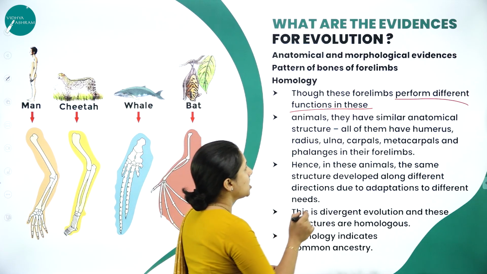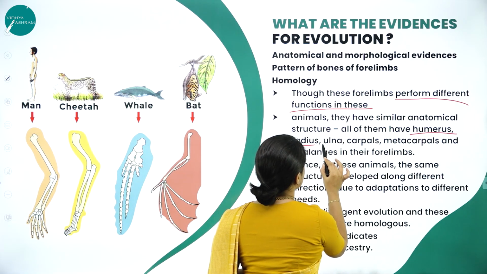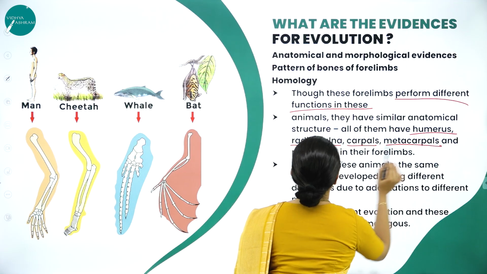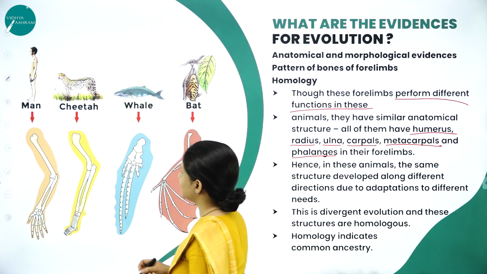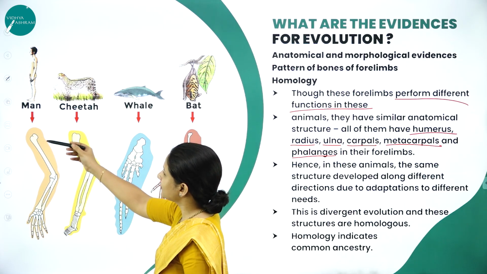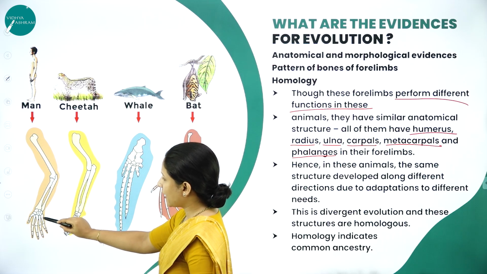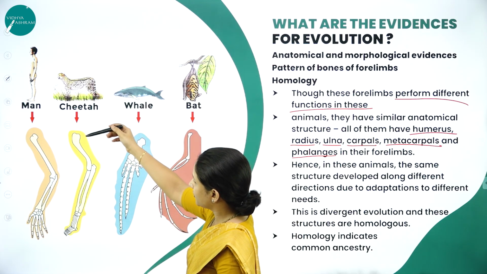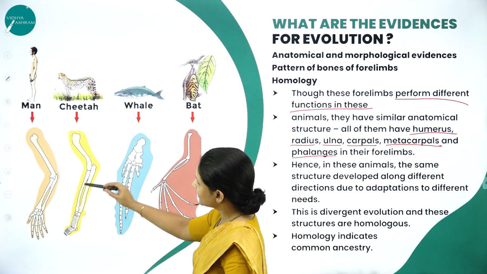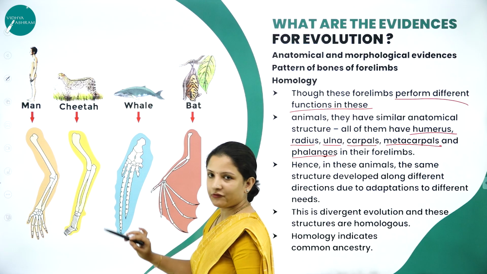How are they similar? They have the same bones, that is humerus, radius, ulna, carpals, metacarpals and phalanges, that is fingers. If you can see here, man also has humerus, radius, ulna, metacarpal, carpal and phalanges. Even in the case of cheetah, they have humerus, radius, ulna, carpal, metacarpal and phalanges.